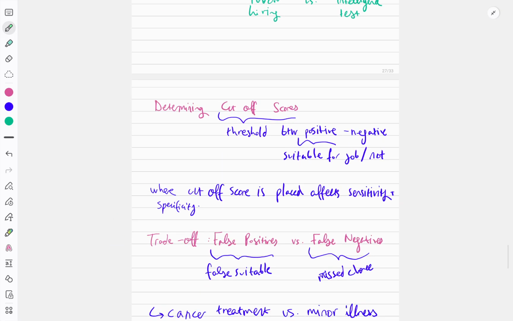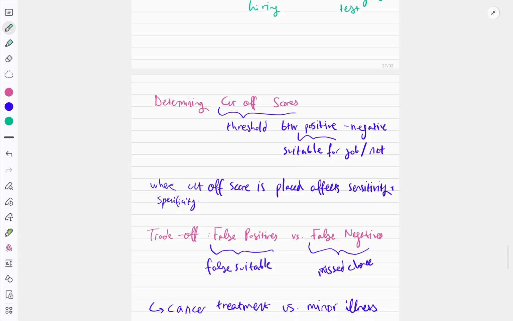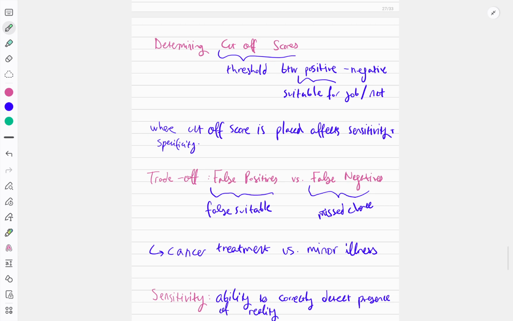So determining cutoff scores: the threshold between positive and negative, like suitable for job or not. Where the cutoff score is placed affects sensitivity and specificity. We are doing a trade-off. We have false positives versus false negatives. False positives are the people that we thought were suitable for us, but they are not actually suitable for us.